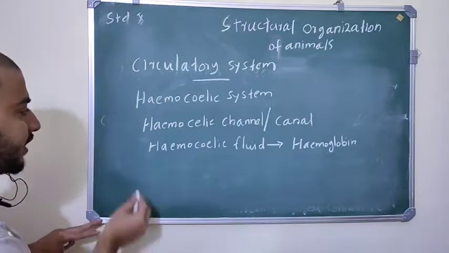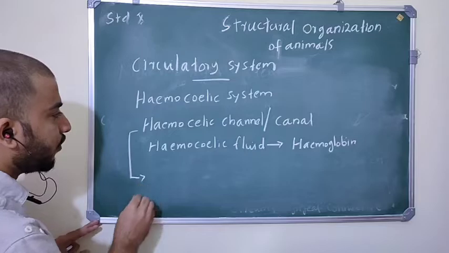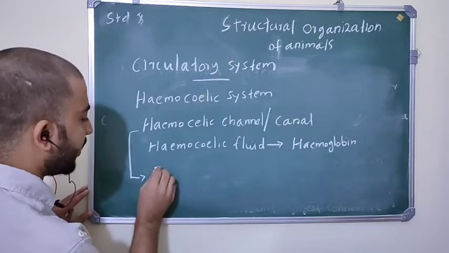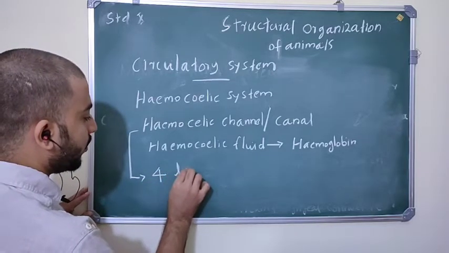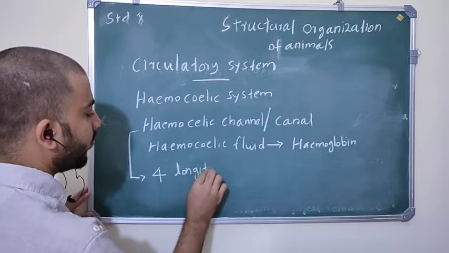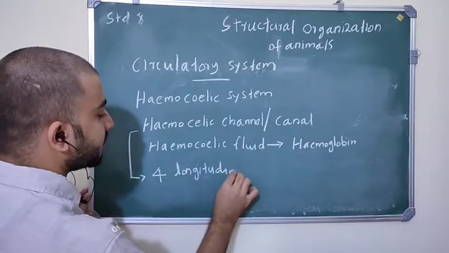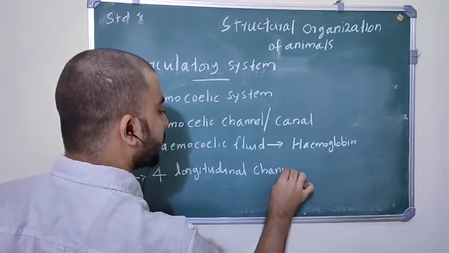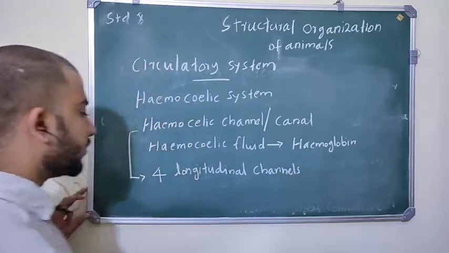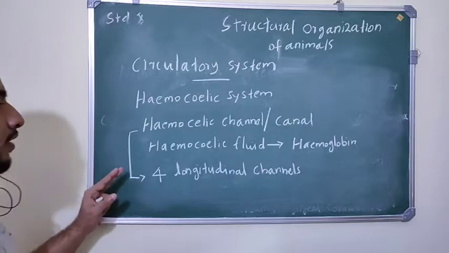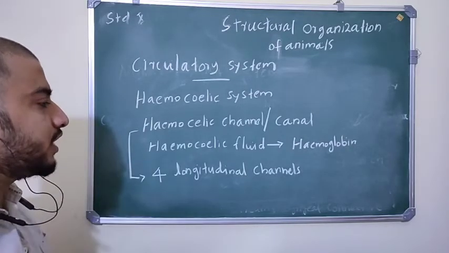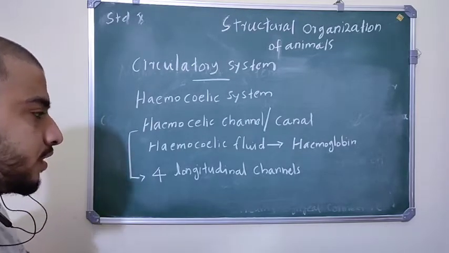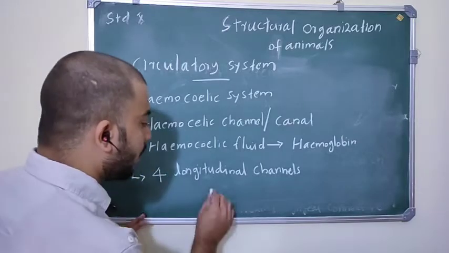So basically they have 4 longitudinal hemocoelic channels. Okay, so where are these 4 channels present in the leech?